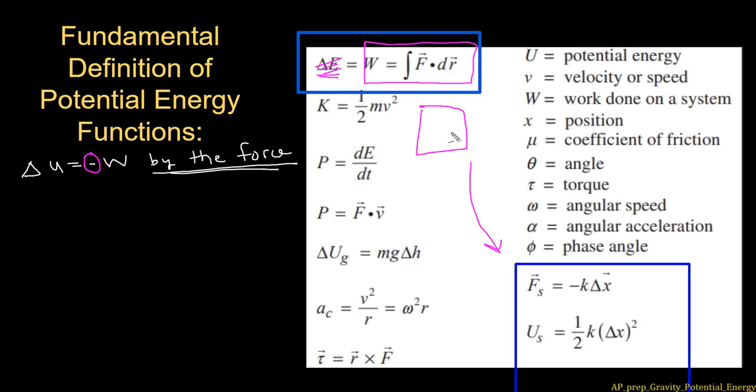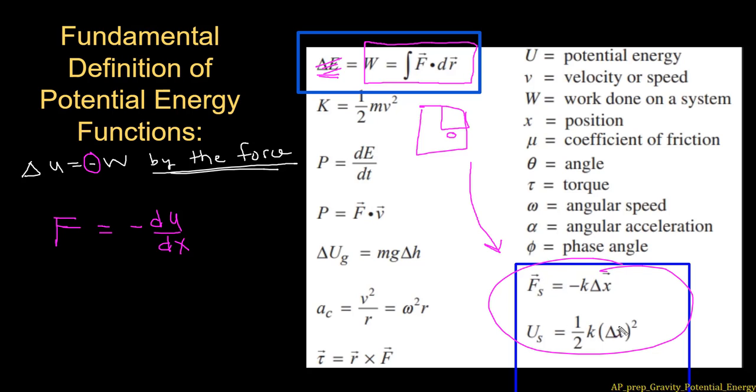There's this whole list of definitions, and you can see this is right at the top. So this is clearly the left-hand column, and this is the right-hand column. If you look at those two things, that means that F is minus du dx. Right there.